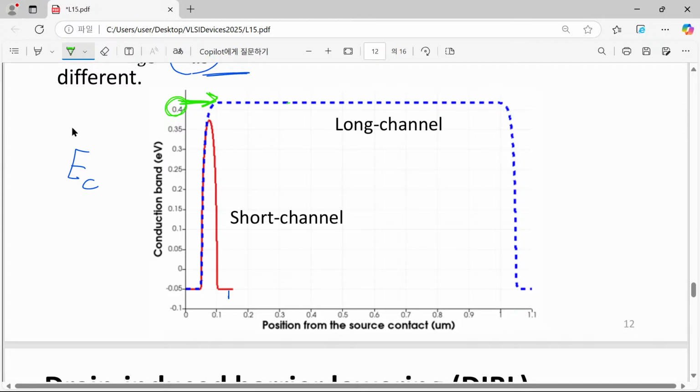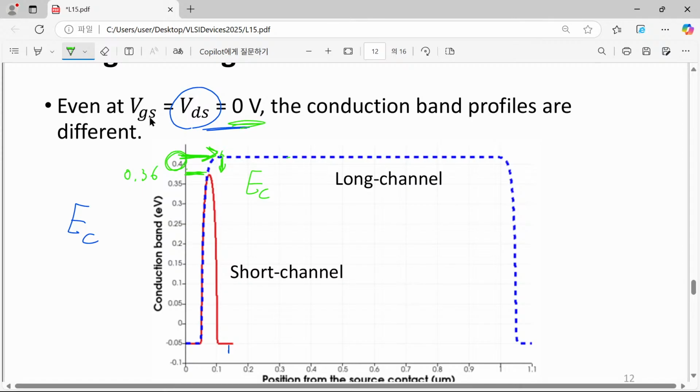And when you look at this red curve, what is the maximum value? The maximum value would be about 0.36 or 0.37 volt. So there is a certain lowering of the EC value just by introducing short channel compared with the previous case. So even though we don't have any drain effect, already the maximum potential barrier is lowered.